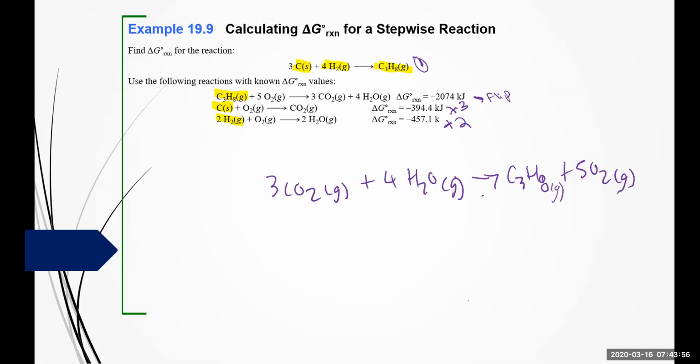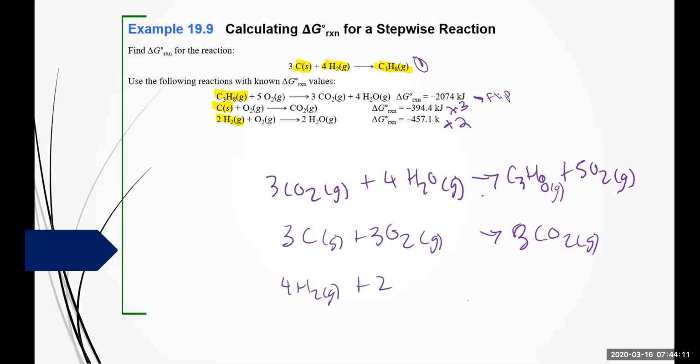We get 3 carbons and 3 oxygens going to 3 CO2. And we get 4 H2, 2 O2 going to 4 H2O. And so then if we start slashing through on those, we see our CO2 here, we see our CO2 here.